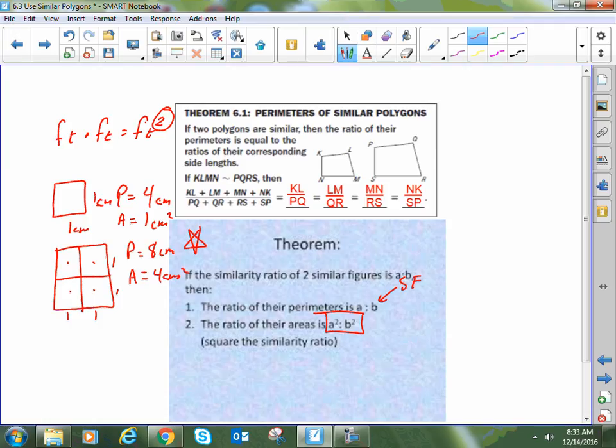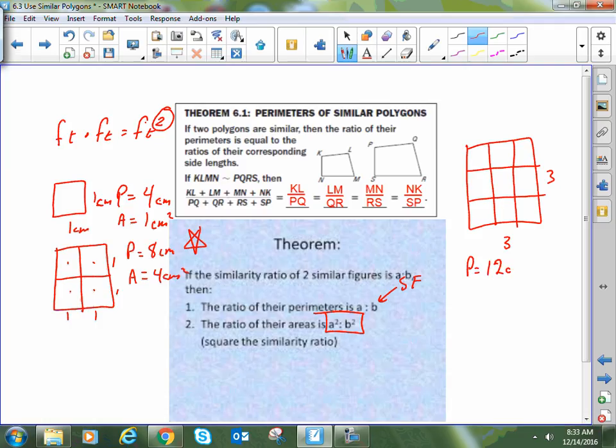Well, what if it continues? Now let's triple the dimensions. So this side is 3, this side is 3, so the perimeter here is 12, and we'll just keep saying centimeters, but the area would actually be 9 centimeters squared.